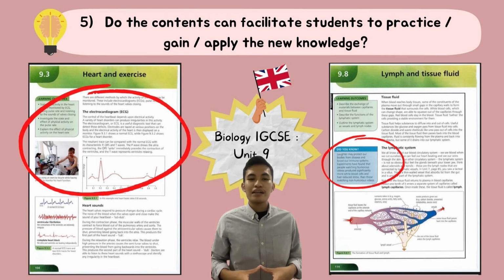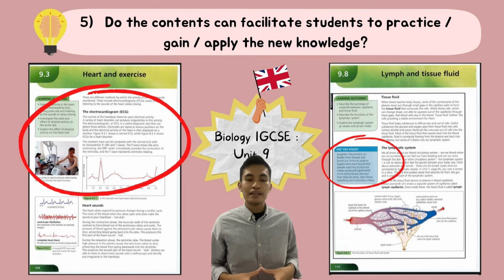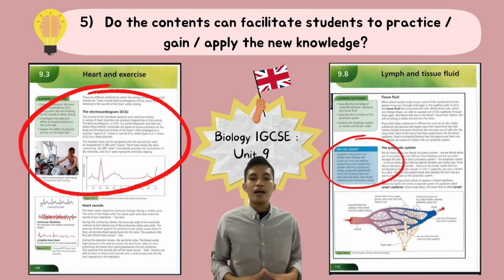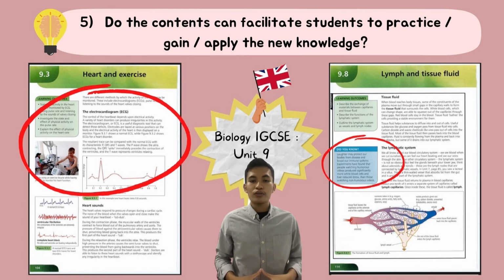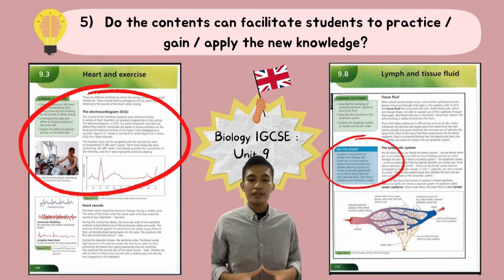Another one is in subunit 9.8, which provides a fact that laughter may protect our bodies from disease and boost our immune system. Experiments have found that people watching humorous videos produce significantly more white blood cells and had reduced stress than those watching non-humorous videos. So, this also helps students to apply the knowledge outside the classroom, even though the fact is in a small blue box.